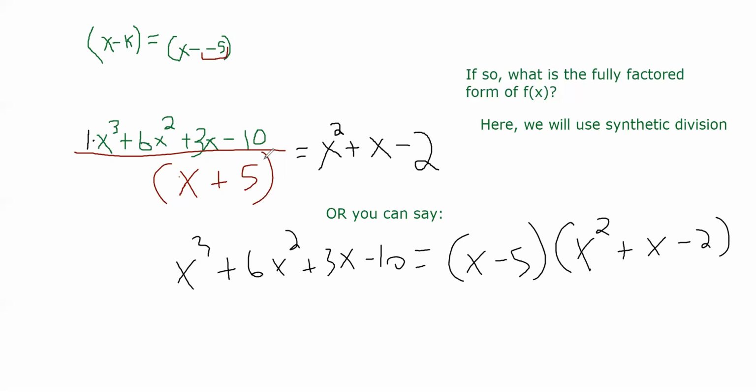If you don't believe me, you can just multiply both sides by x plus 5. Basically, you're multiplying it over here. And I'm sorry, you're right, that's x plus 5. Excuse me. So sorry.